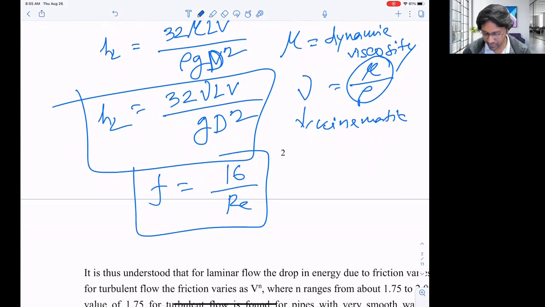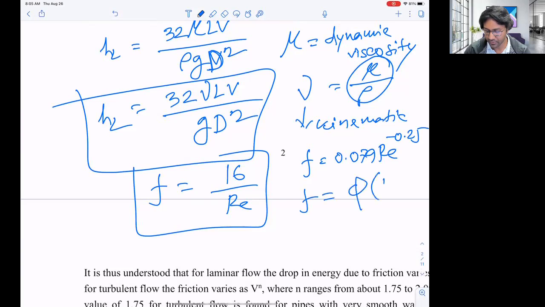Therefore, for turbulent flow we have the relationship 0.079 Re to the power minus 0.25, and for laminar flow f is 16 divided by Re. So f is a function of Reynolds number.